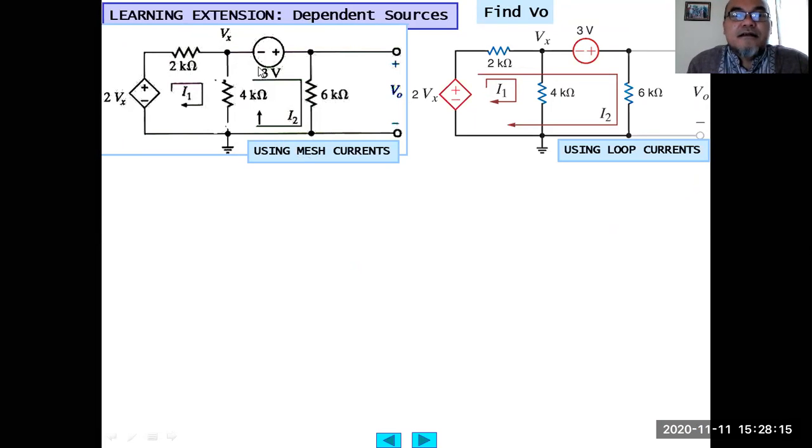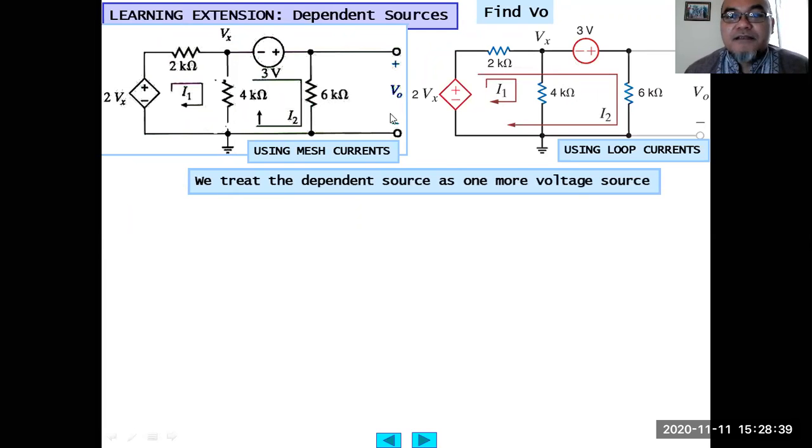Alternatively, we can have one mesh current and another one as a loop current, so you can choose.